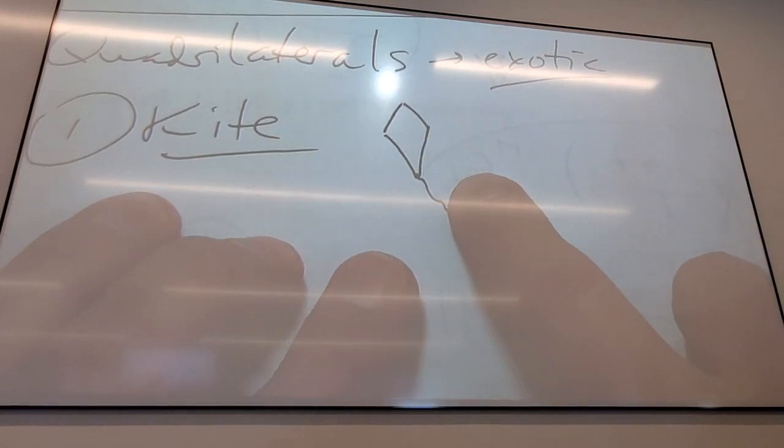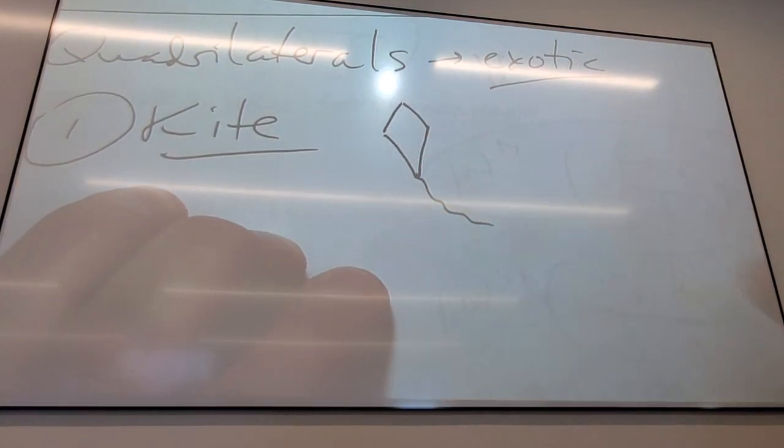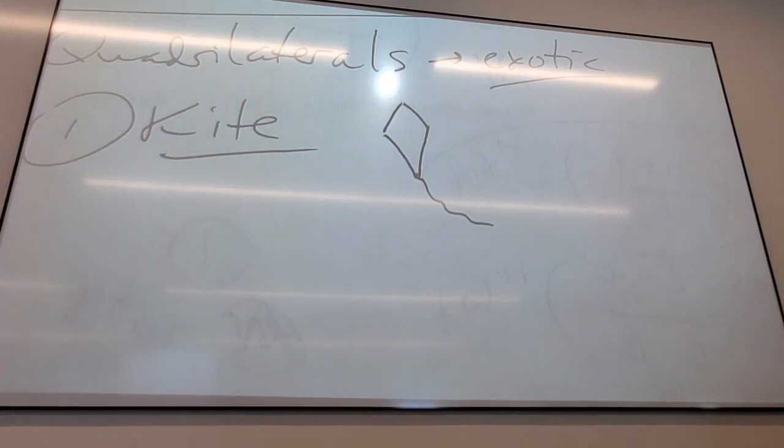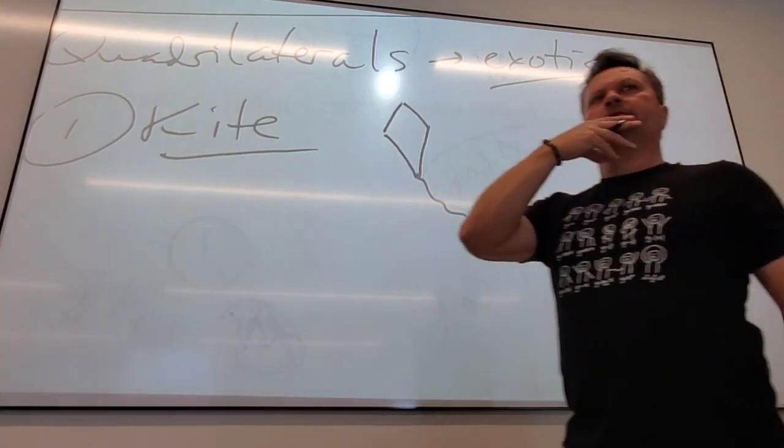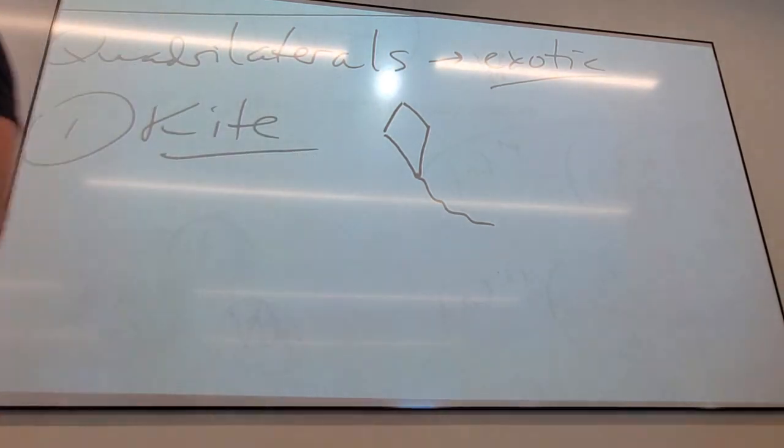So, would you all agree that this is what you would draw? Can anyone identify the thing that made this a kite? What defining quality makes this a kite? Look at the sides.